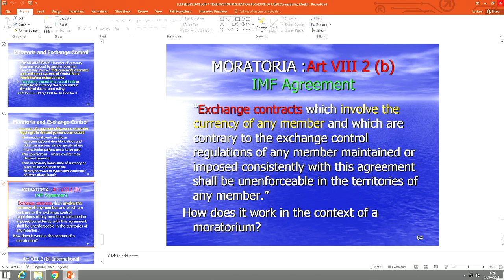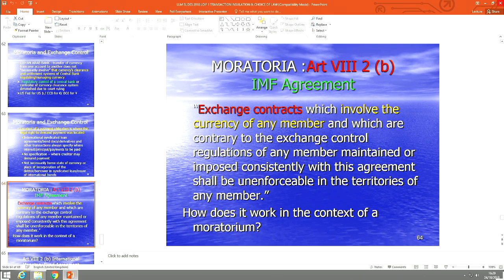Who's a member of the IMF? Everybody. Give or take Vanuatu. You know what Vanuatu is? Vanuatu is a little island somewhere in the middle of the Pacific. Fantastic place for holidays. Great beaches. You've never been there. Well, take your next holiday in Vanuatu. But they're not a member of the IMF. But apart from that, everybody else is.